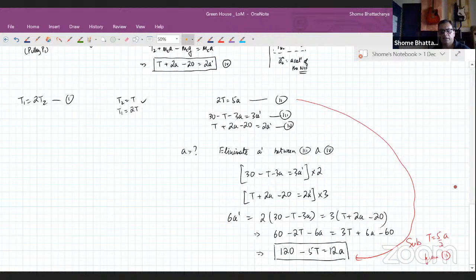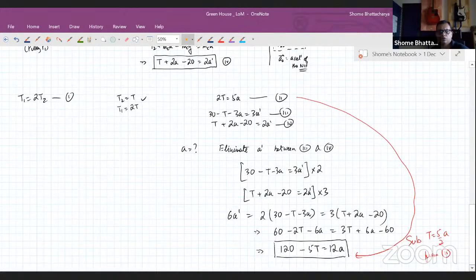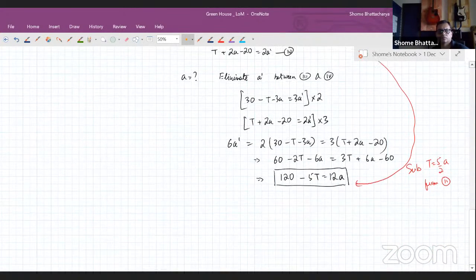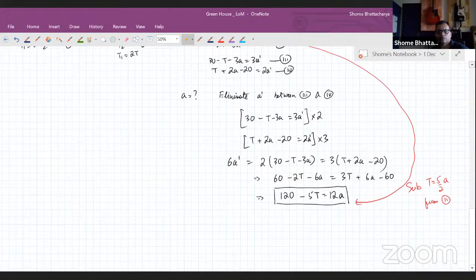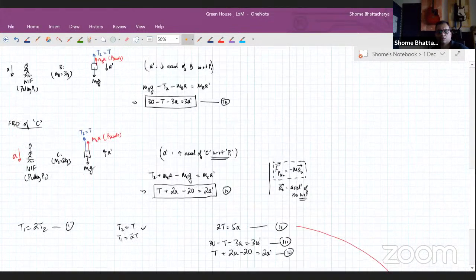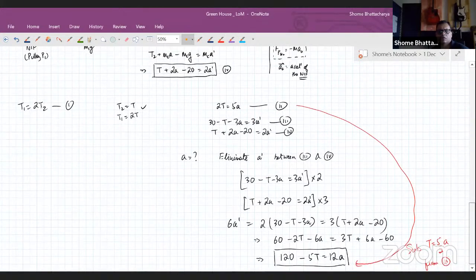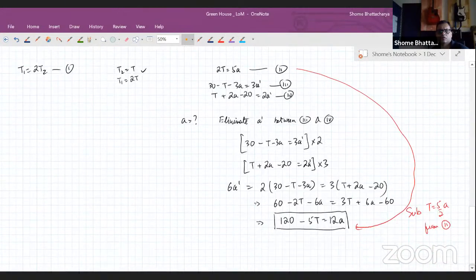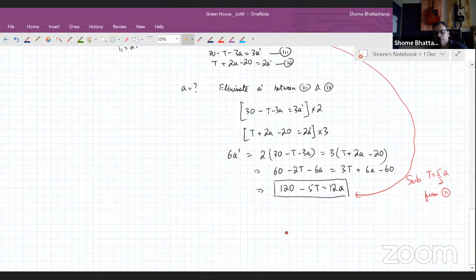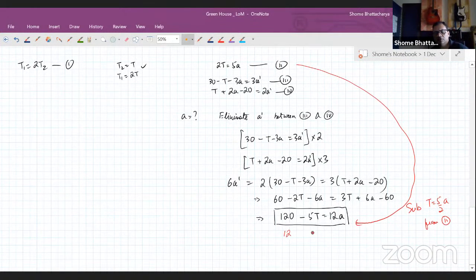And then of course we still have to calculate A prime. So on doing this substitution, we'll get 120 minus 25 by 2 A is equal to 12A.